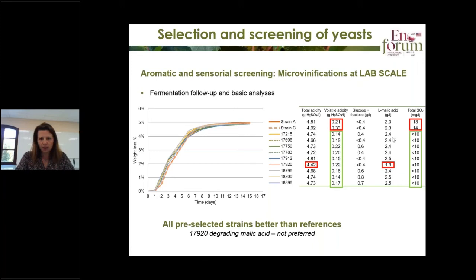And we can see that pre-selected yeasts are better than the reference for volatile acidity and sulfur dioxide. So we can confirm that selected strains are efficient in strong conditions. Good job.